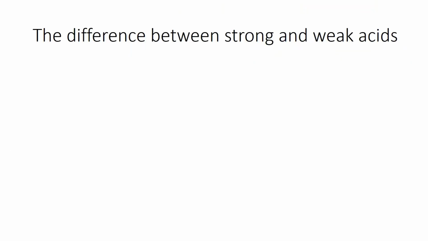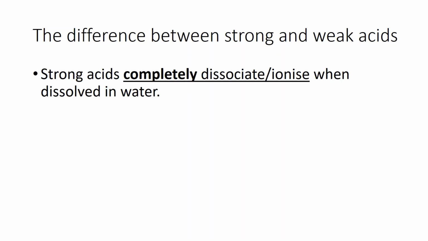The difference then between weak and strong acids is as follows. A strong acid completely dissociates, or completely ionizes, when it's dissolved in water. From the laboratory demonstration, we saw that if I take hydrochloric acid, which is usually a gas, and dissolve it in water, it will completely ionize into aqueous hydrogen ions.